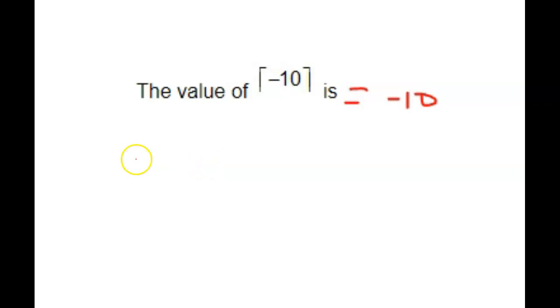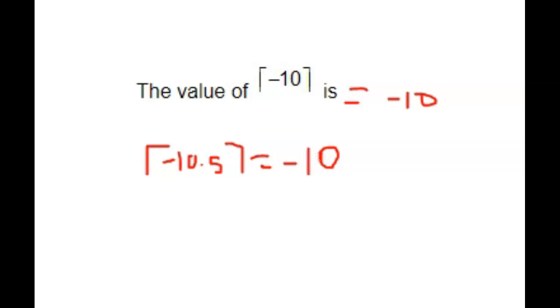Now, if I talk about the least integer of, let's say, negative 10.5, again, I see that the brackets are going up, so I'm rounding up. So the least integer of negative 10.5 will still be negative 10.